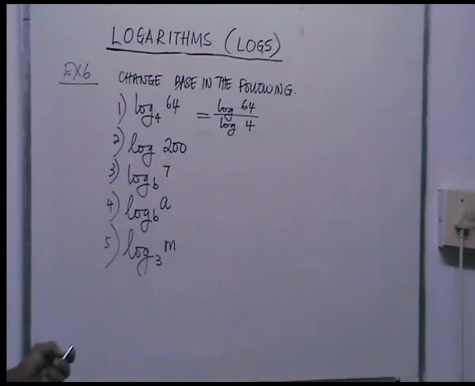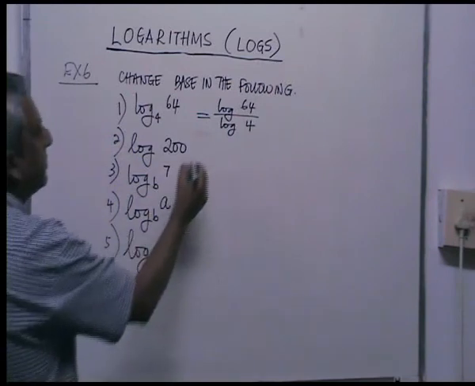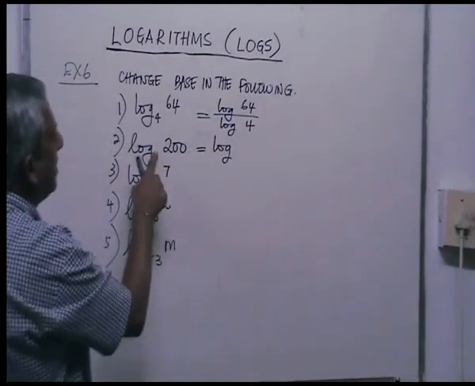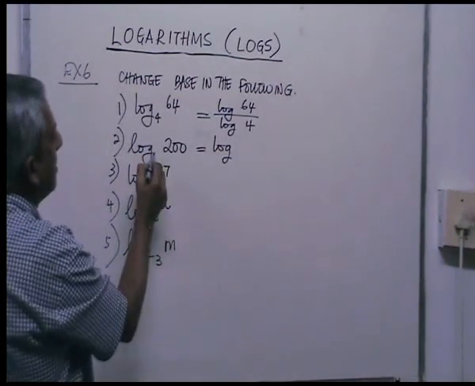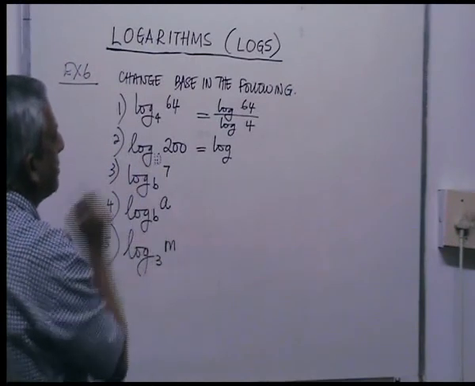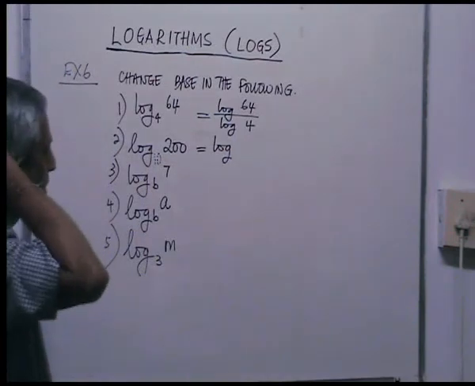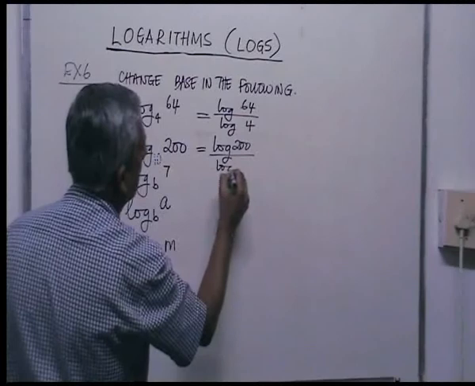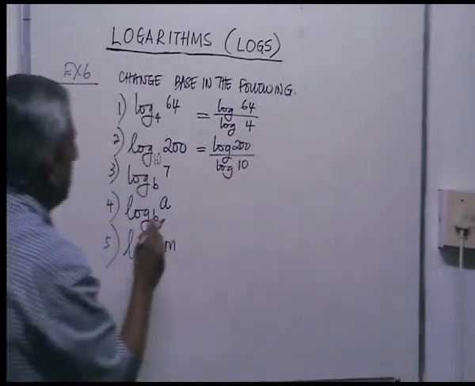As far as possible, when it comes to numbers like this, leave the base as 10. Let's do the next one. Log 200. We can't see the base. Obviously the base is understood to be 10. It's not written, but it's understood. So it will be log 200 all over log 10.